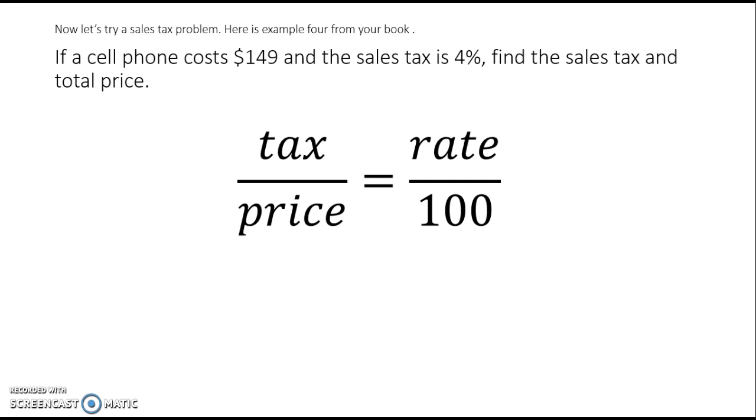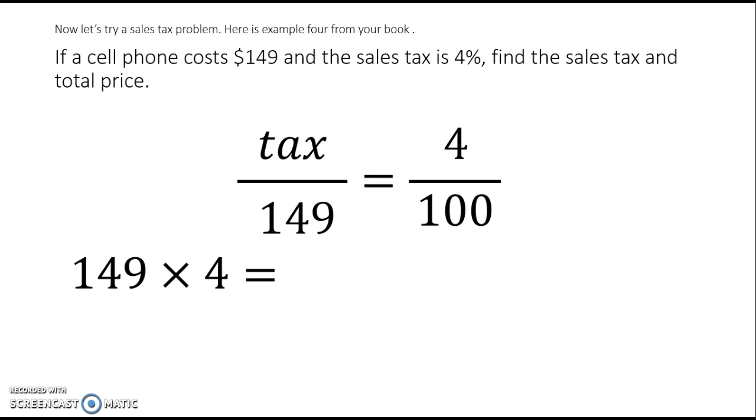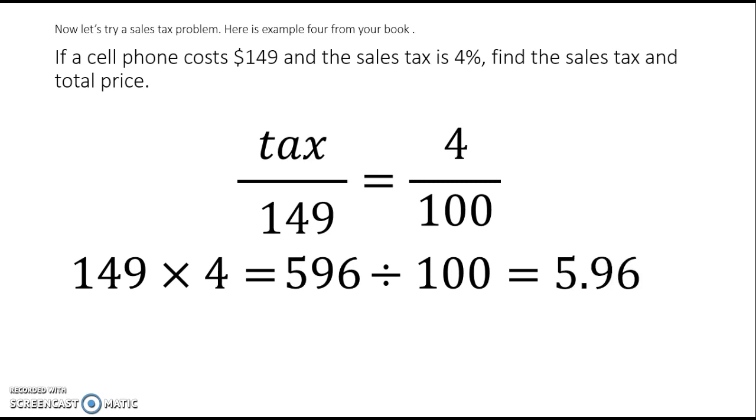So let's look through our problem and find what we can fill into this percent proportion. First, the rate is 4%, so 4 goes over 100. The price of the product is $149. That fills in for price. Now, the only thing we have left to do is to use solving a proportion to calculate the tax. We multiply 149 times 4. That gives 596, which we divide by 100 for a total of 5.96.